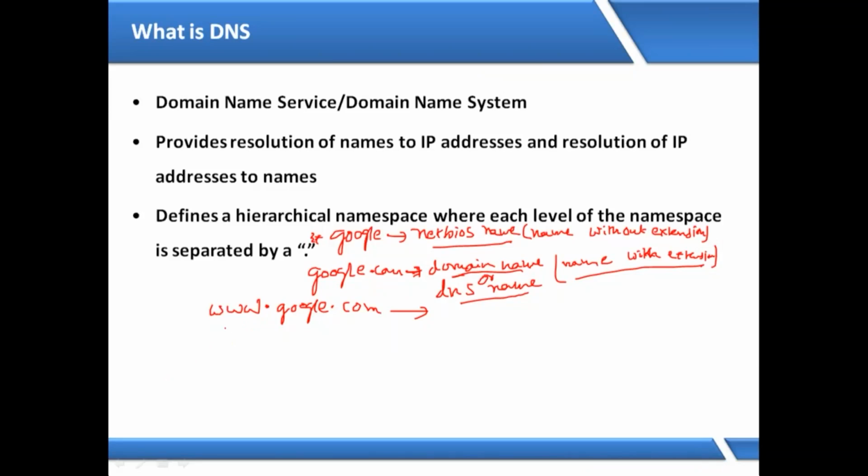So here 2 dots are there. What will you call this name now? Whatever name is before the first dot is called the host name or system name. We have discussed that a name with extension is called a domain name or DNS name.